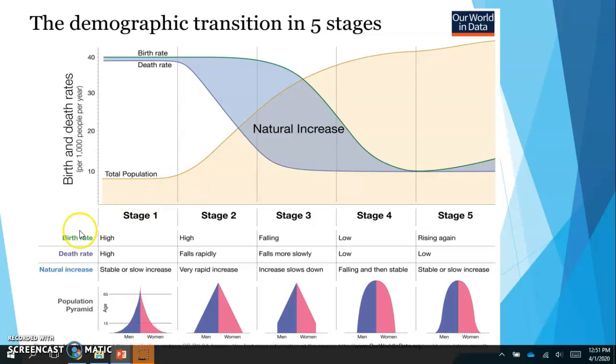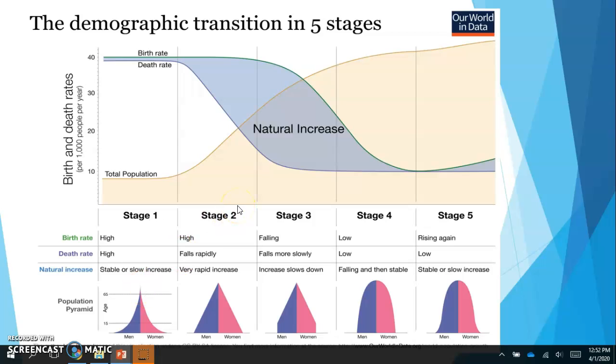So here's stage 1. Our birth rates are high, our death rates are also high, and then it's a stable or a slow increase of your population. So there's a lot of people being born, but there's also a lot of people dying. So this would definitely be pre-industrial. And then if we look, our population pyramid for stage 1 would be a definite classic pyramid shape.